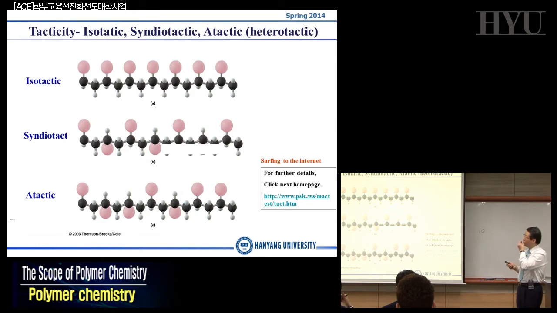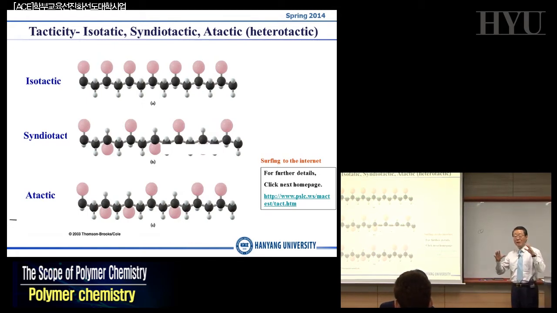So let's say this red spot, this red molecule, is a substituent group. The substituent groups could be arranged in this way, in the same position, or alternatively positioned, or randomly distributed, up and down. Depending upon the spatial arrangements, we have three different types of tacticity: isotactic, syndiotactic, or atactic. Now, isotactic and atactic are quite different, and it will be different in terms of the density.